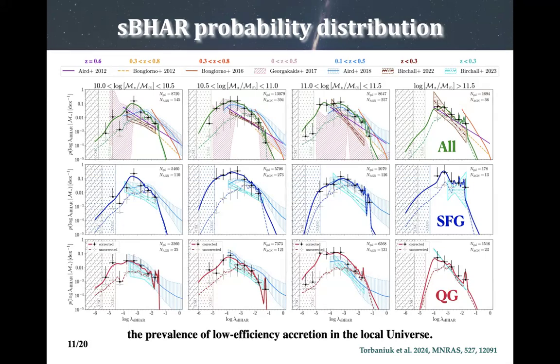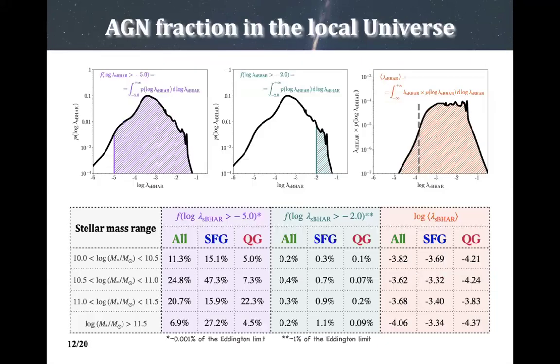Using these probability distributions, we can calculate the fraction of AGN in the local universe. At the first attempt, we decided to calculate the entire AGN fraction. We took the limit at black hole accretion rate near -5, because we have sensitivity problems below that.